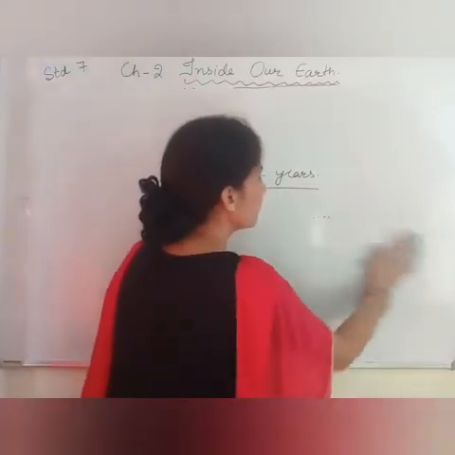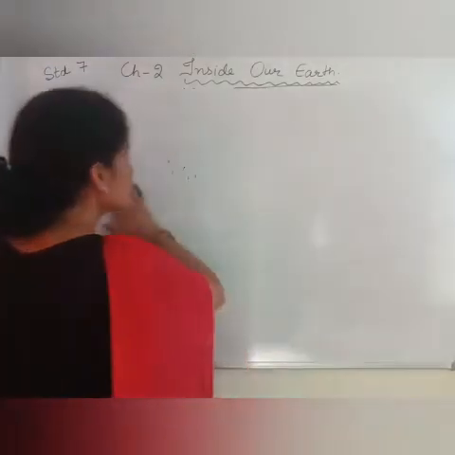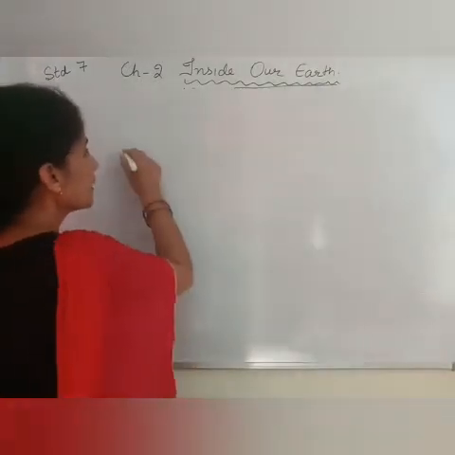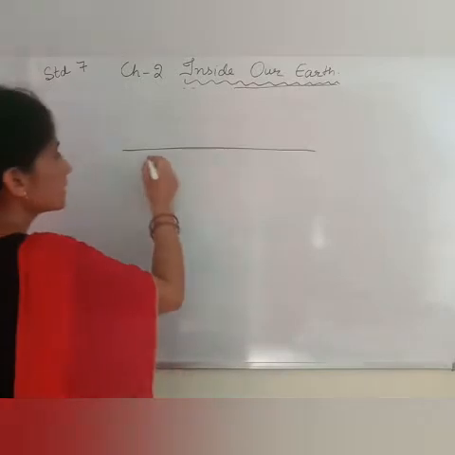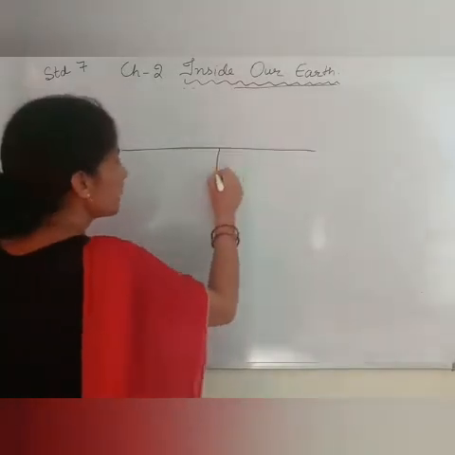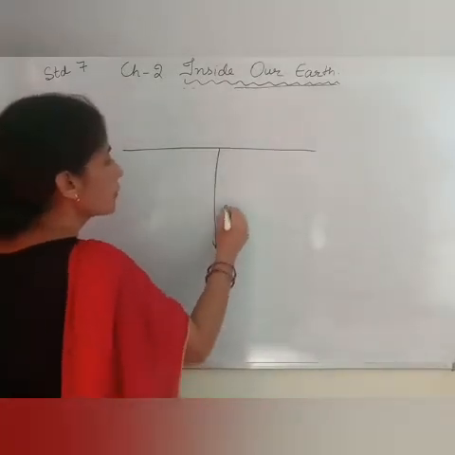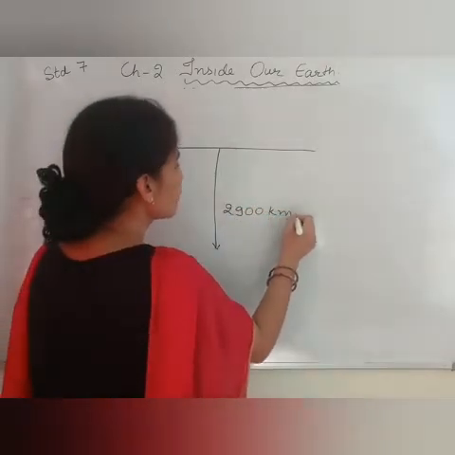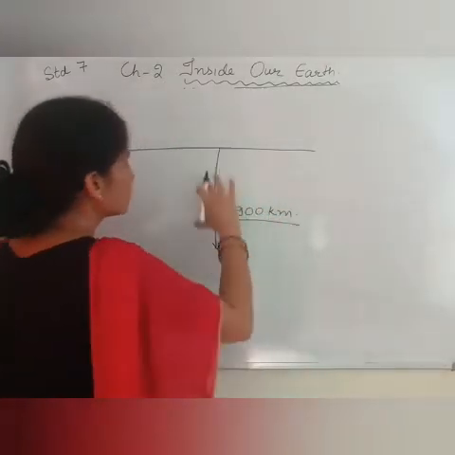We have information only up to the depth of 2900 kilometers. Just imagine this is the surface of the earth, and up to the depth of 2900 kilometers we have information.